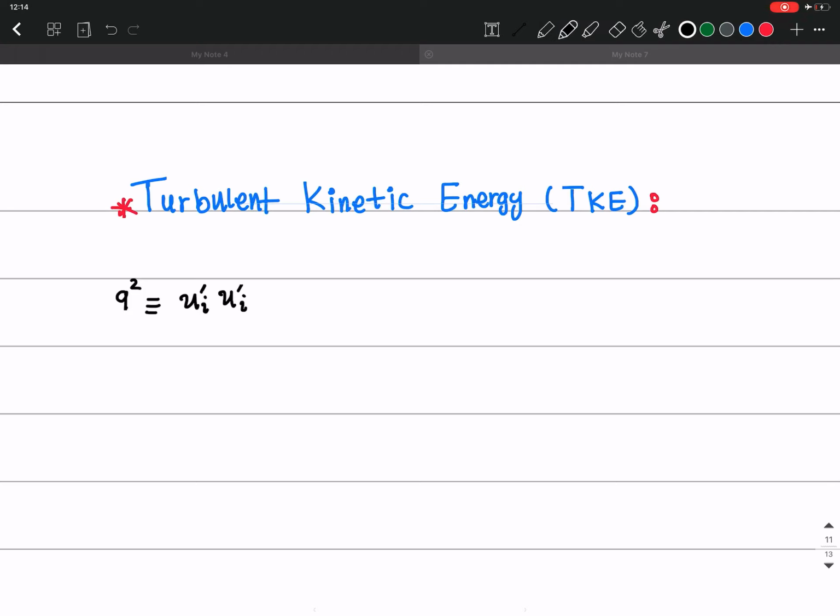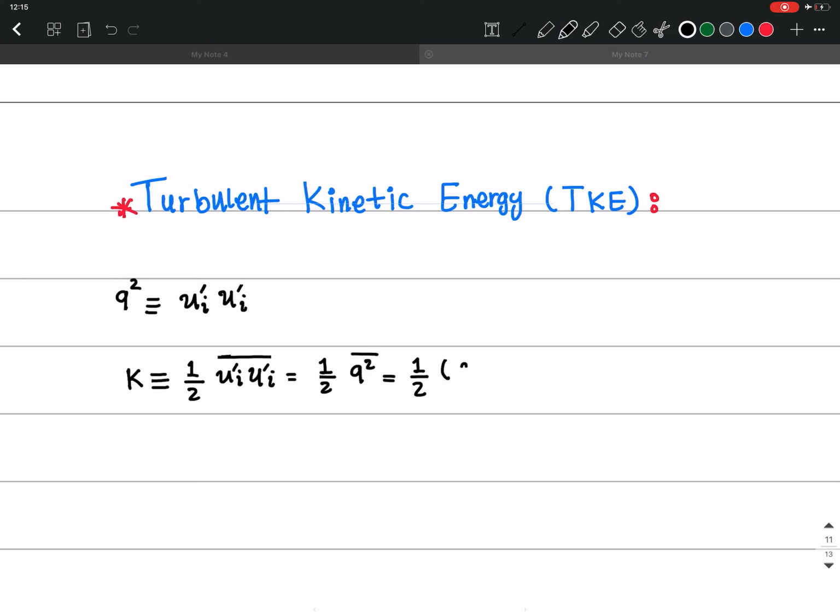Then we define the turbulent kinetic energy as k, defined as 1/2 of u prime i u prime i average, which is actually 1/2 of q squared bar, which is 1/2 of all the velocity component fluctuations.